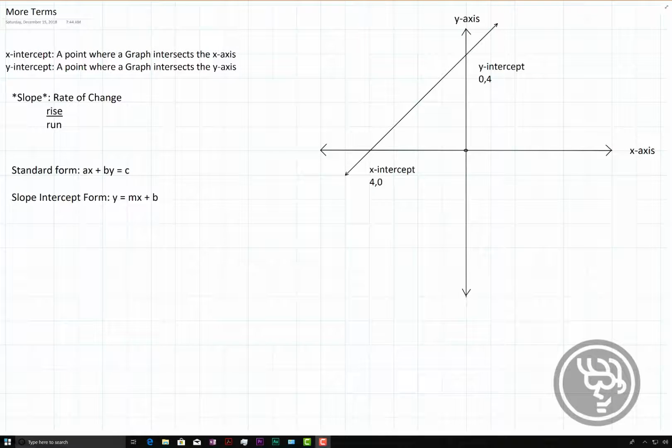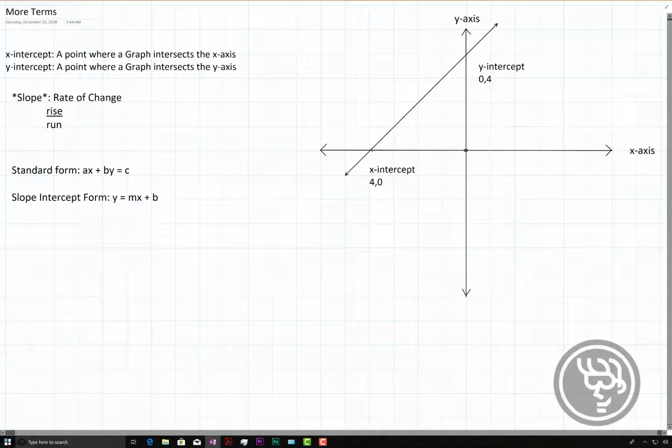Okay, so here we're going to take a look at some more terms. Where your line crosses the x-axis, this dot here, is known as the x-intercept. Where your line crosses the y-axis is called the y-intercept.